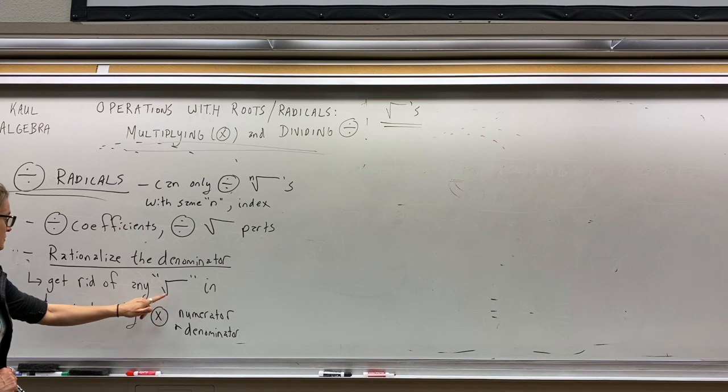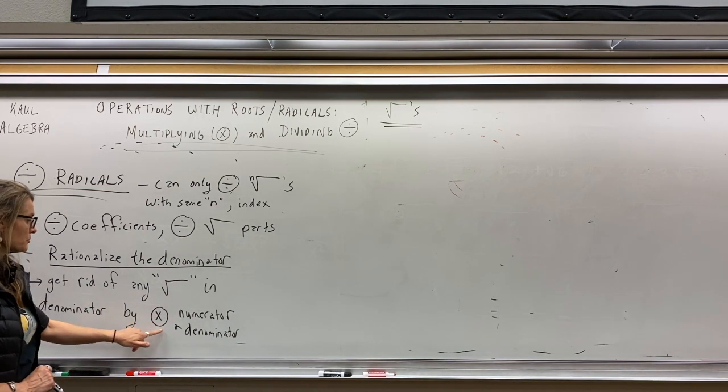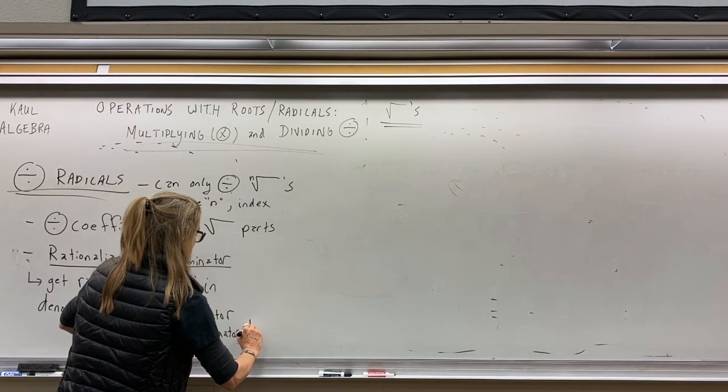So get rid of any square root in the denominator by multiplying numerator and denominator by the conjugate.